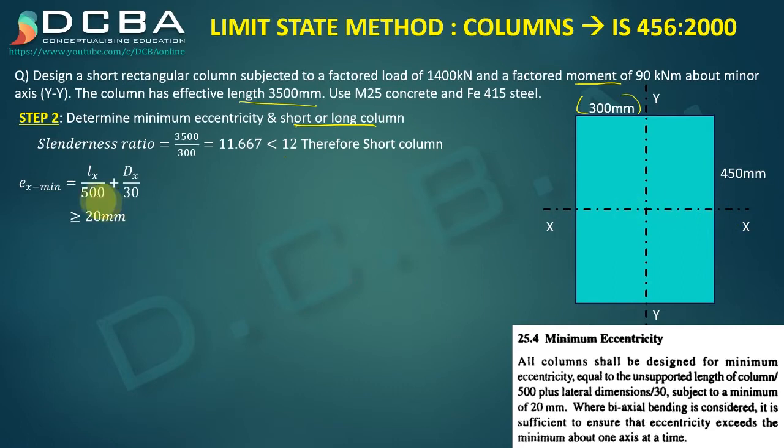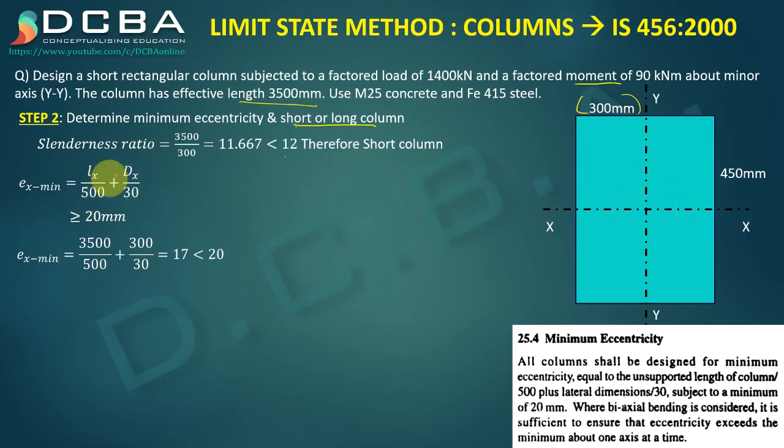So I will put the unsupported length, which is again 3500, because the end conditions are not given here. So I will assume the end conditions to be hinged. When end conditions are hinged, the effective length is equal to the unsupported length. So I will use 3500 upon 500 plus dx.